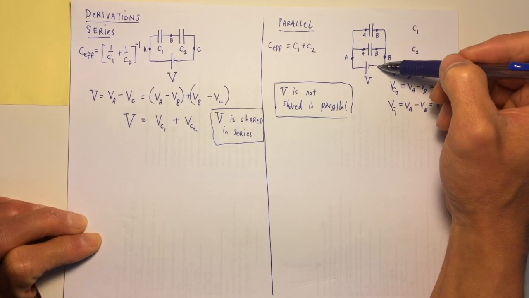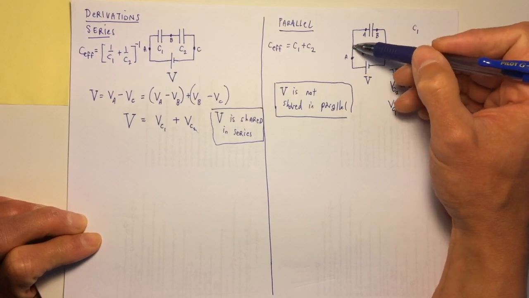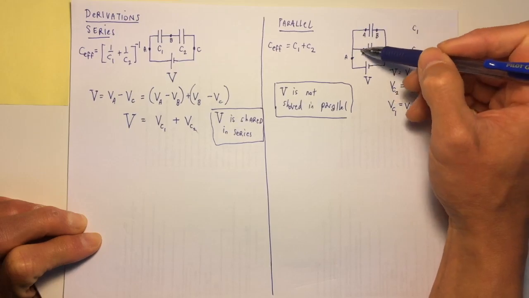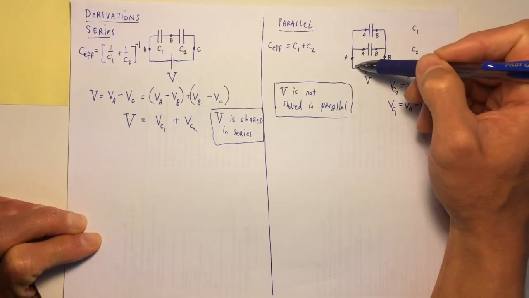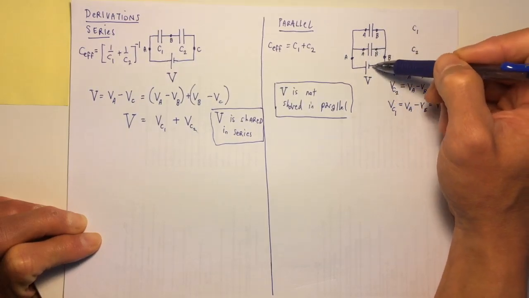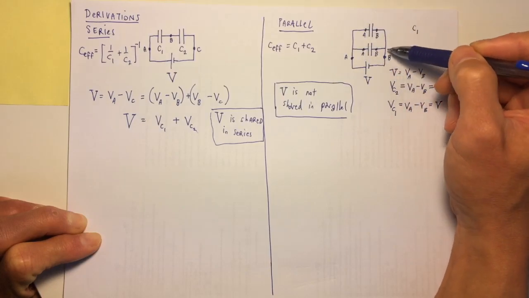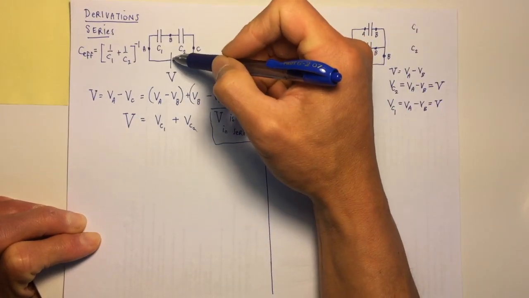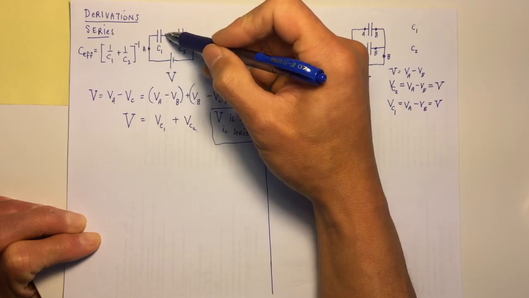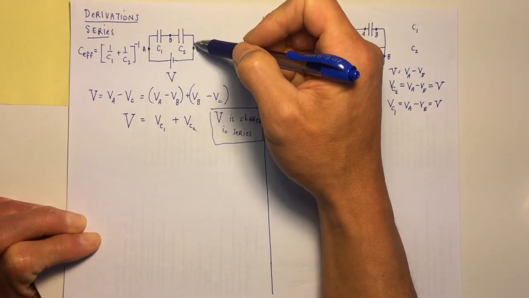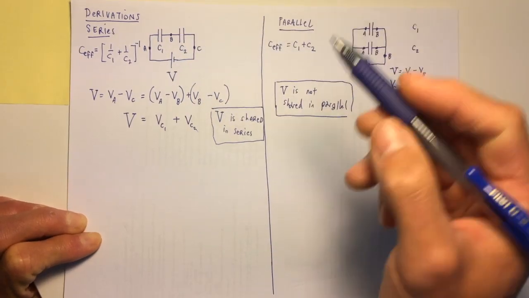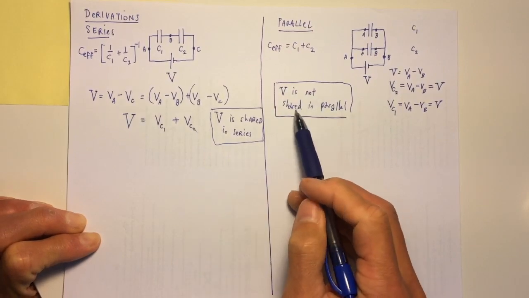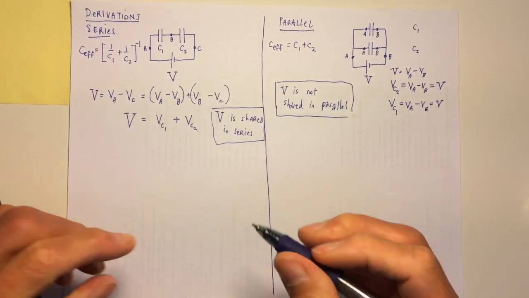Over here, you can rise, but because you have two different paths, when you cross either capacitor, you've got to drop all of it. So you rise V, drop all of V, rise V, drop all of V. Here you rise V, you drop part of V, and then you drop the other part of V to start over again. So V is shared in series and V is not shared in parallel.